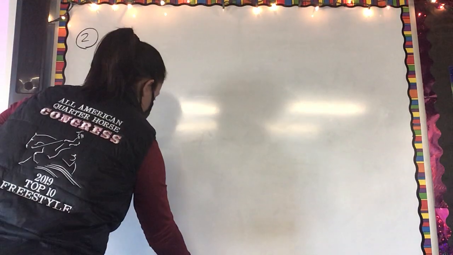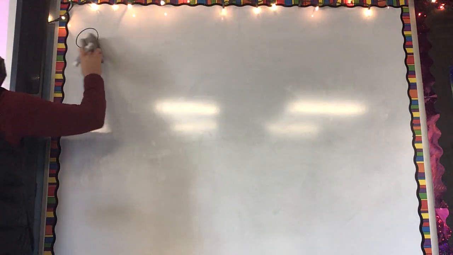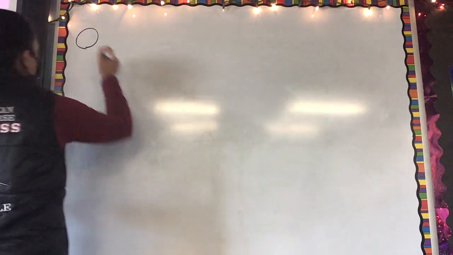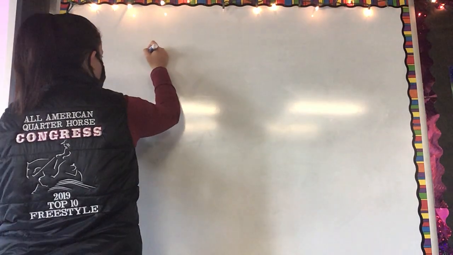All right. Number 3, you're going to be given a problem, and you have to tell me where the decimal place goes. So where the decimal point is going to go. You're not actually giving me the answer.